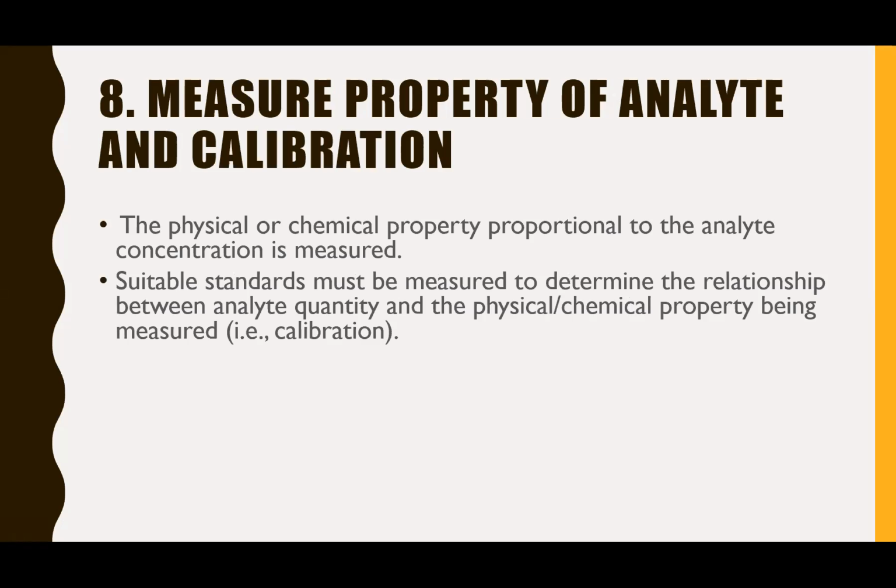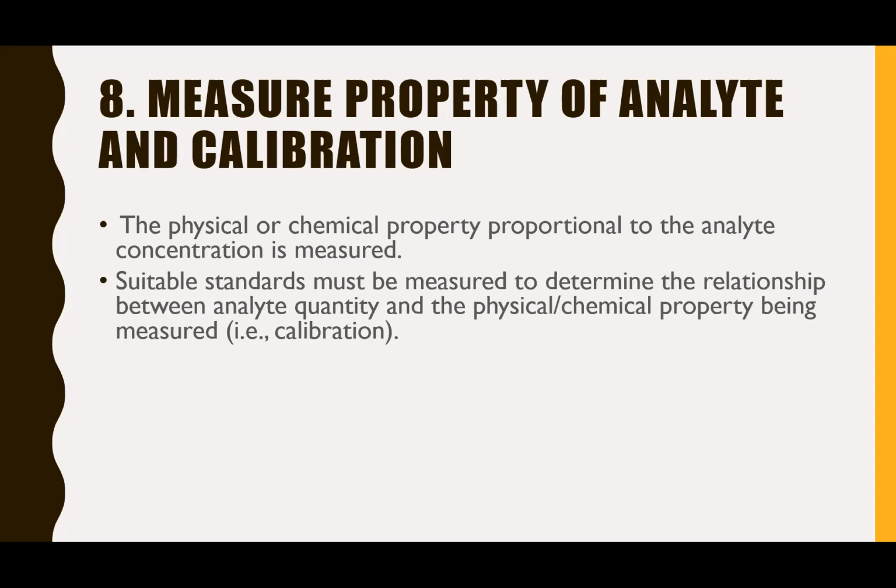Because as simple as weighing your sample, let's say you want to weigh 0.04 gram of sodium hydroxide. First, you have to make sure that your analytical balance is already calibrated properly. Then only you can be sure that when you weigh your sample, it is accurately weighed. Okay, that is as simple as weighing your sample.